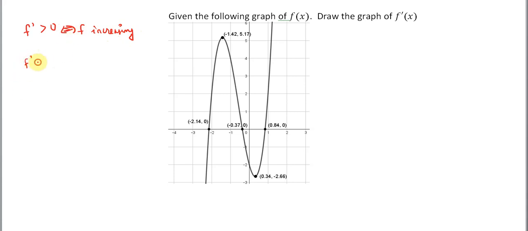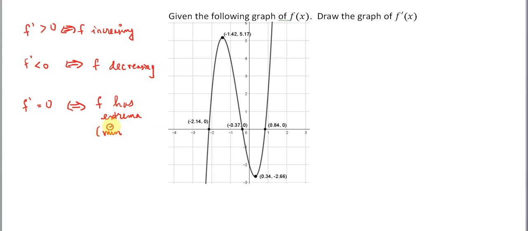If f prime is a negative number, then that means f is decreasing, and vice versa. And also, if f prime is exactly equal to 0, then f has an extrema. What we say is a min or a max.